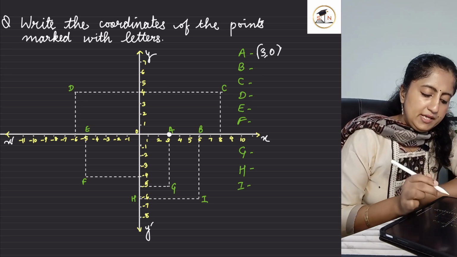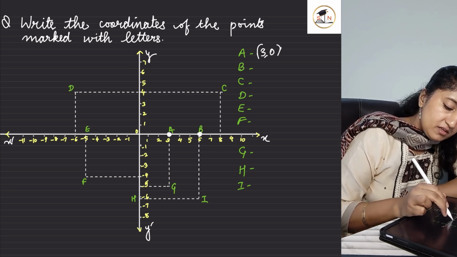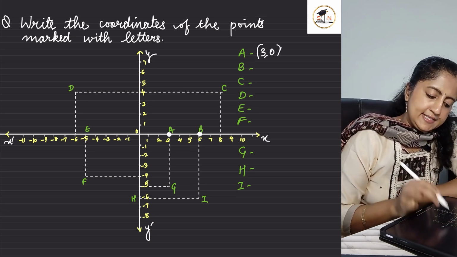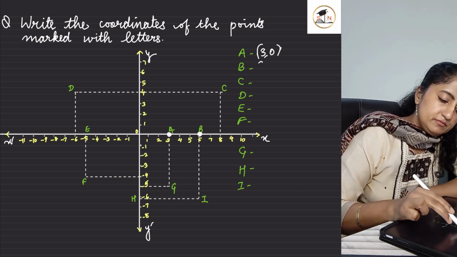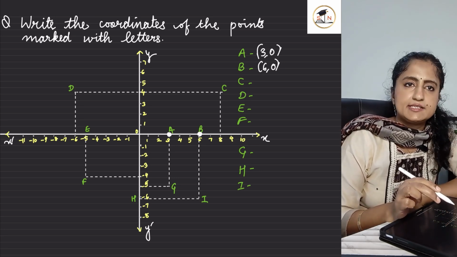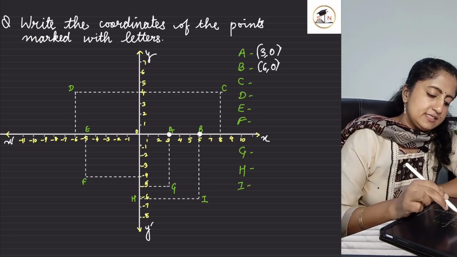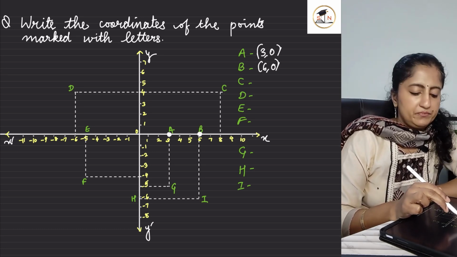Now, B is lying adjacent to it, a few points away over here, right? It is at 6. So quickly think the coordinates for B. 6, 0, because again it is lying on the x-axis, right? Next, C. First of all, which quadrant does C exist in?